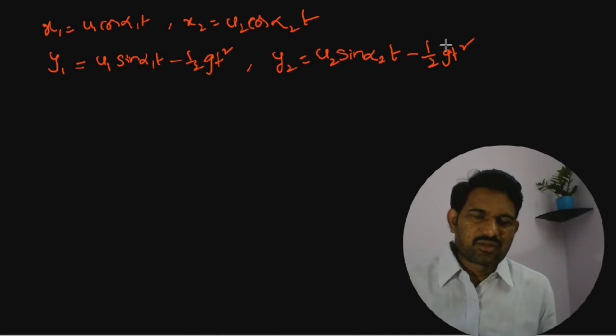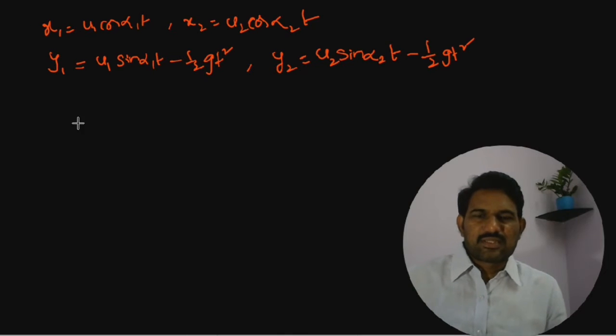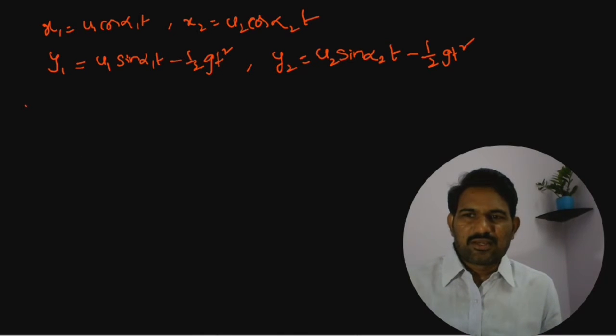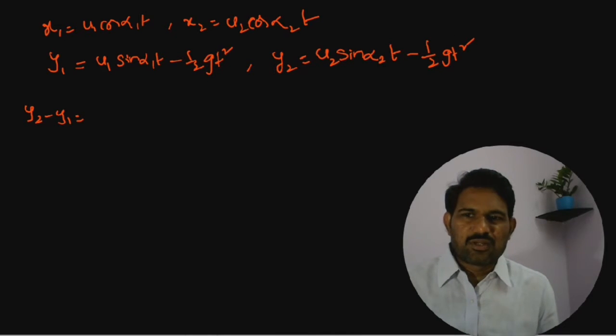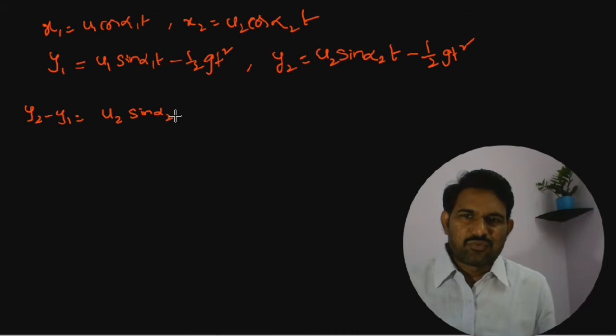Now suppose I write y2 minus y1. The half g t square term will be cancelled and t you can take common, so you can write this expression as u2 sin alpha 2 minus u1 sin alpha 1 times t. Say this is equation 1.